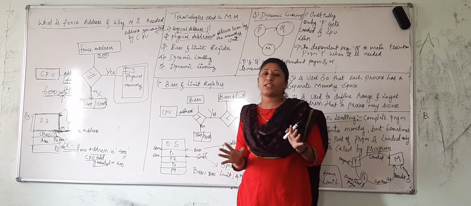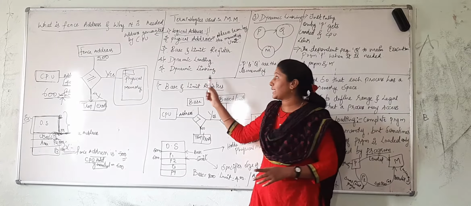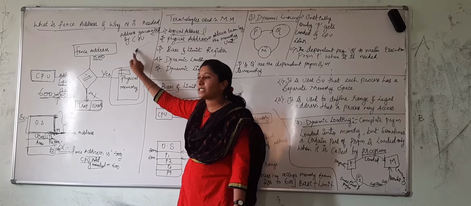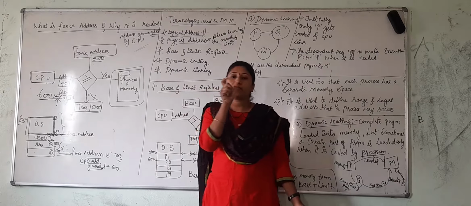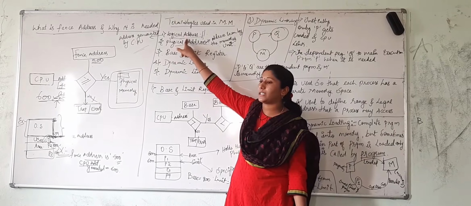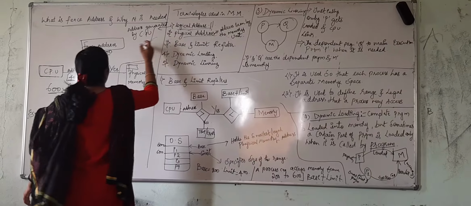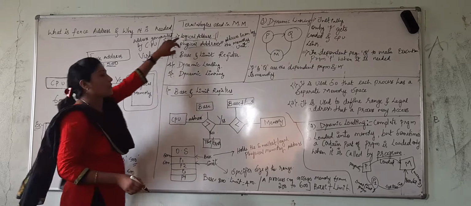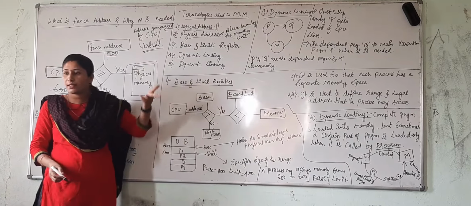Now, what is a logical address? A logical address is an address generated by the CPU. The address generated by the CPU is called a logical address, or else it is also known as a virtual address. Can you see the address generated by the CPU?